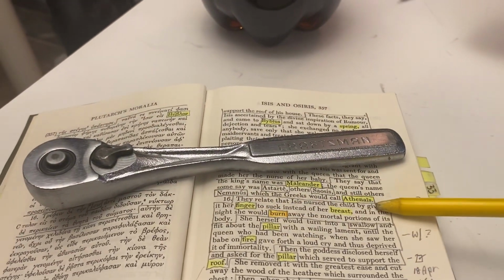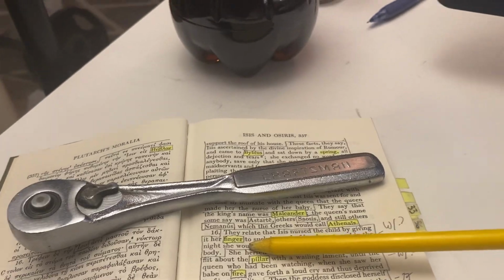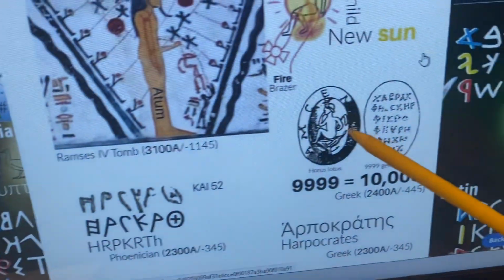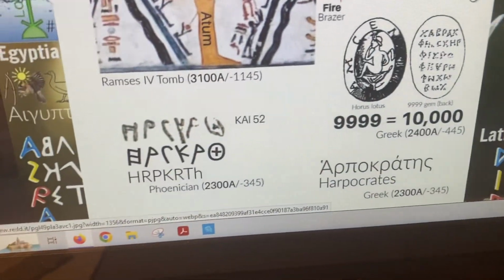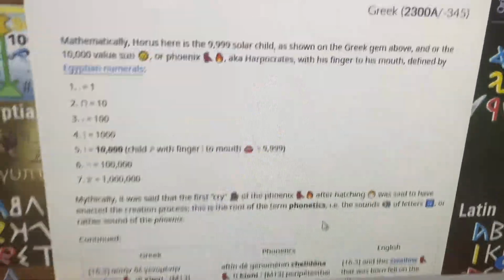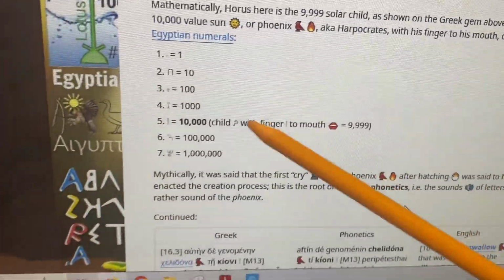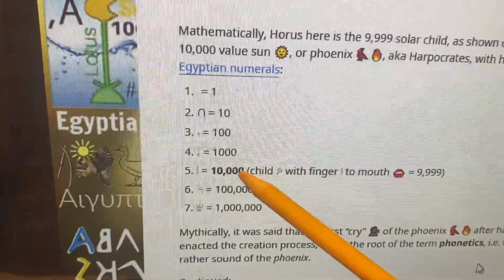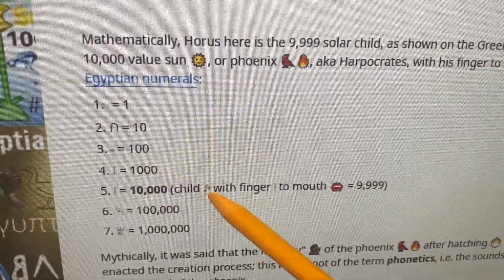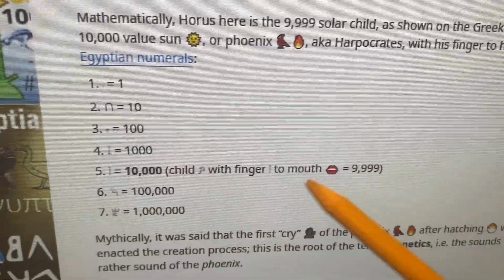They relate that Isis nursed the child by letting it suck on her finger. So the finger is a cipher for 10,000, because in Egyptian numerals, 1 finger equals 10,000, and also the Harpocrates child by itself equals 999.